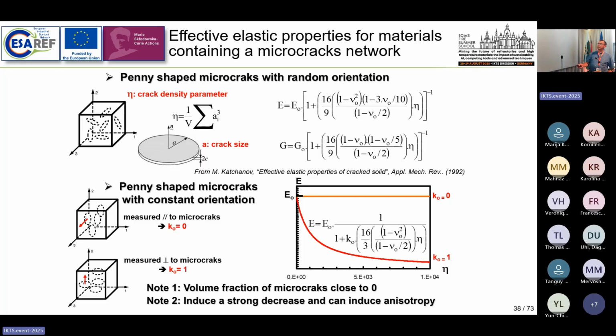And you can see here an interesting formulation coming from Hasselman again. Hasselman was very productive during the 50s and 60s. He describes the microcrack with a penny-shaped geometry with size a, and he introduced the size as a parameter and the density of those cracks. The definition of the density is typically the count, but the count also taking into account the size. So this is the density considered in the formulation.